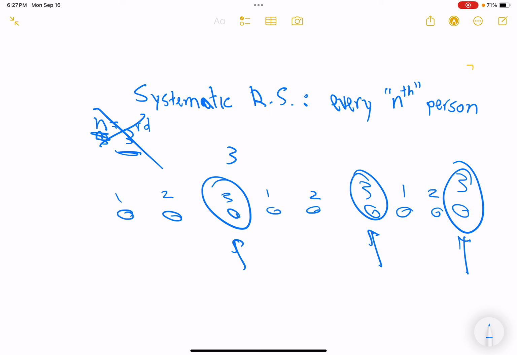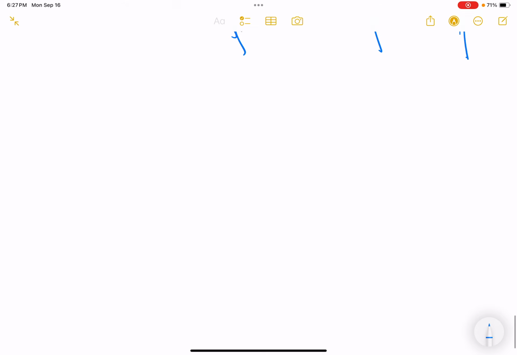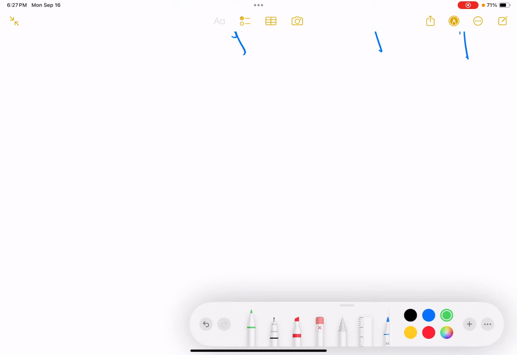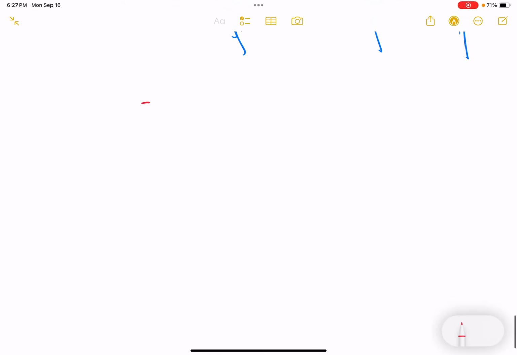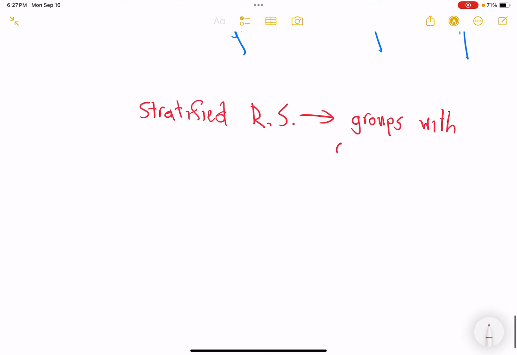But you could do it with any old number you wish, okay? And on slide 29, I show you me doing that with these houses I drew, because I'm an artist. Okay, the next one is stratified random sample. And stratified random sampling is when we work with groups with commonalities.